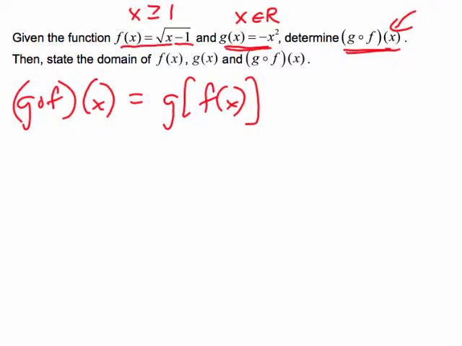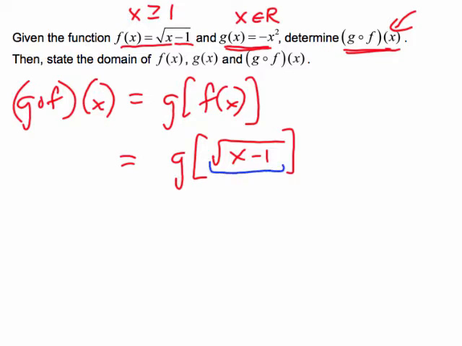Okay, so let's just look at this. So f of x is the input to g. So this has to go in here. And then this needs to go into g.